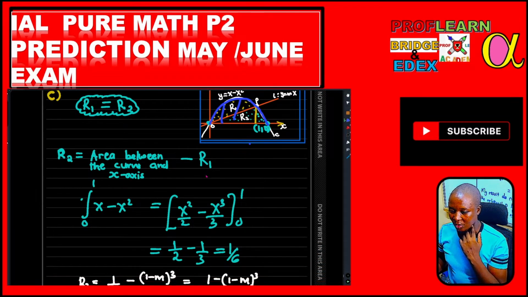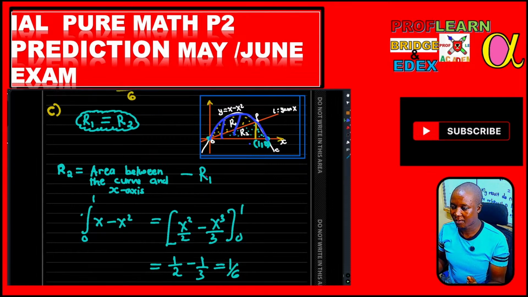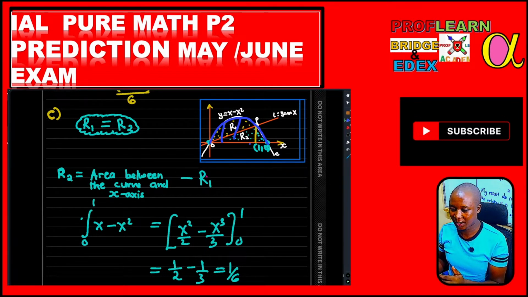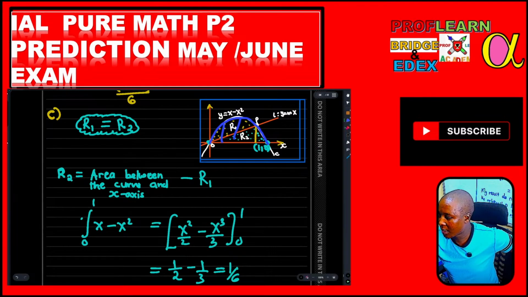If you are finding the area between the curve and the x-axis, you need to equate x minus x squared equal to 0, so that we can know this coordinate. Just x into 1 minus x is equal to 0. So x will be equal to 0, or x is equal to 1.